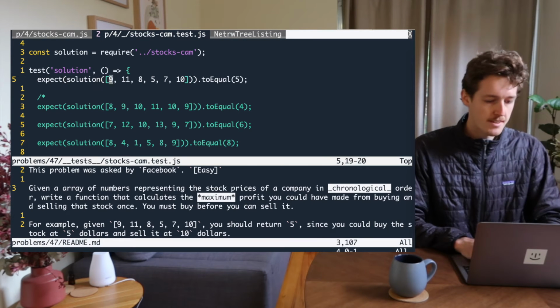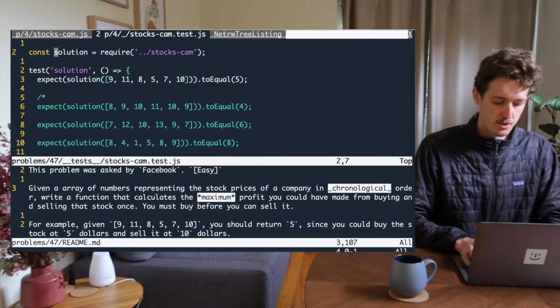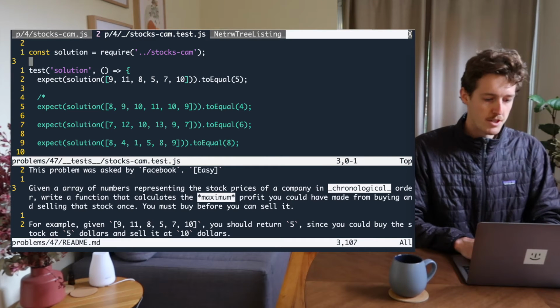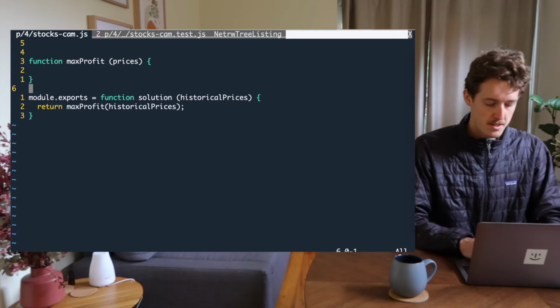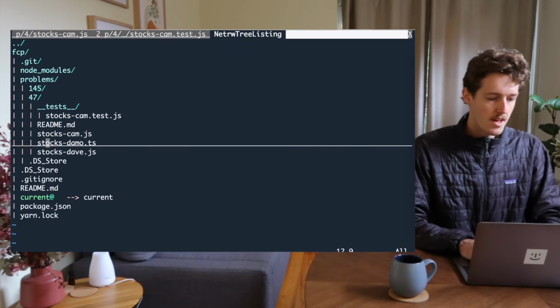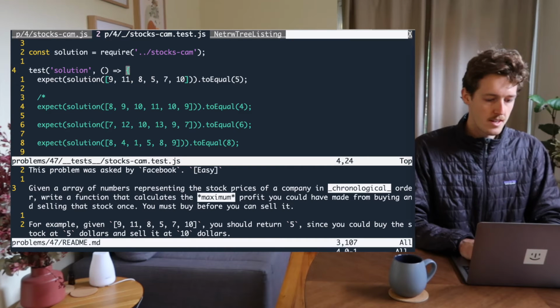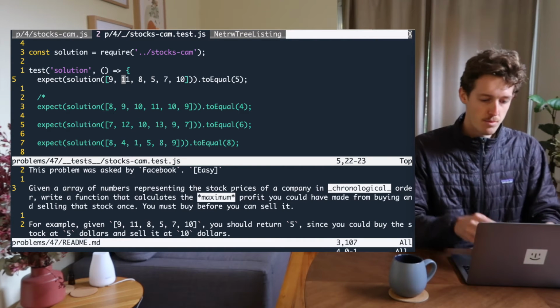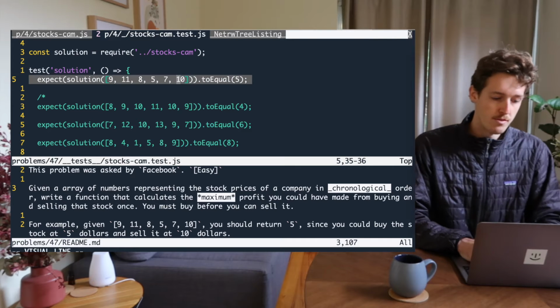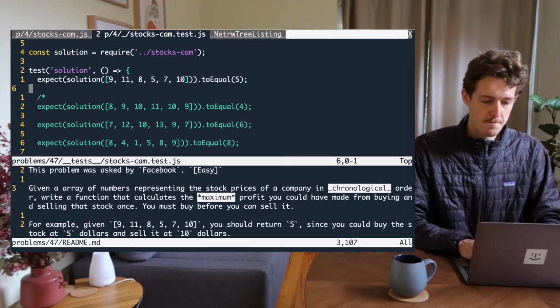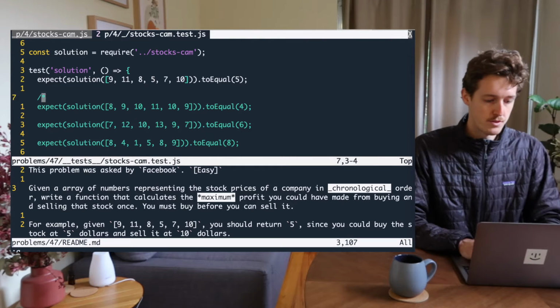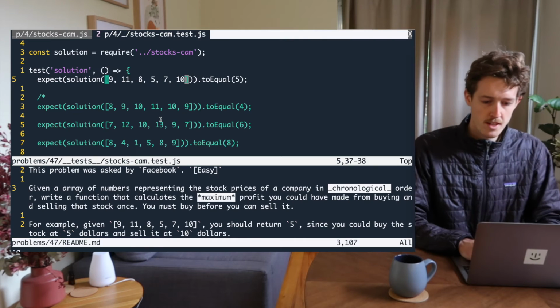I've just set up a test. I'm going to test this function called solution, which I'm requiring from my attempt, stocks chem, and I'm going to call solution with the array of prices, and I expect that to equal 5. That's just pulling the example straight out of daily coding problems.